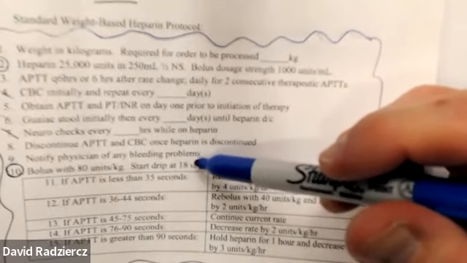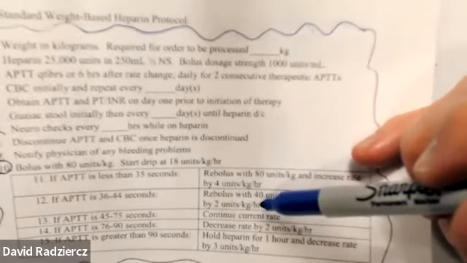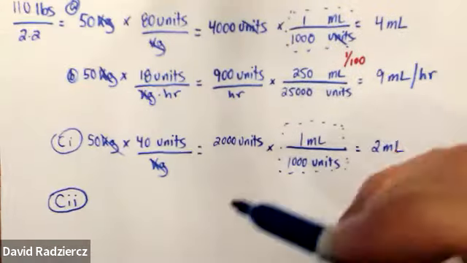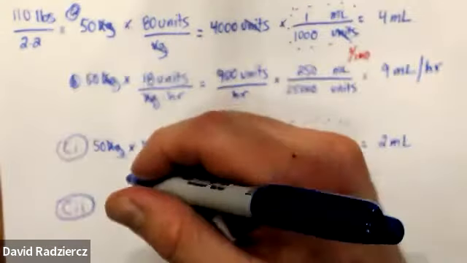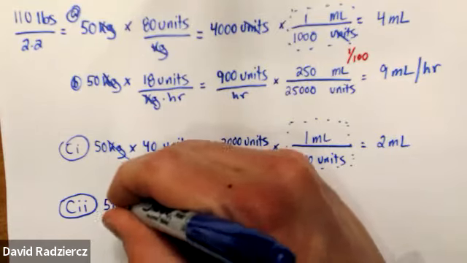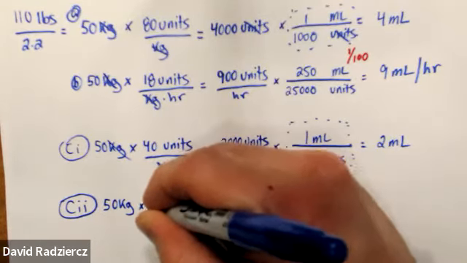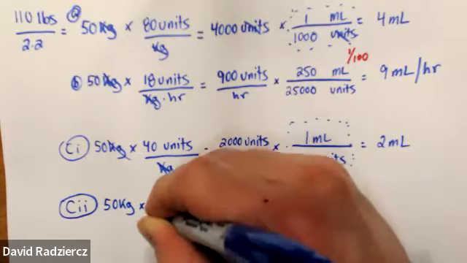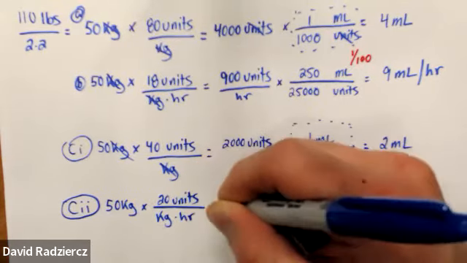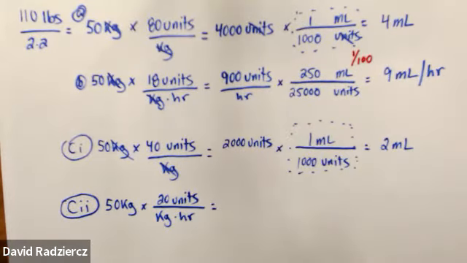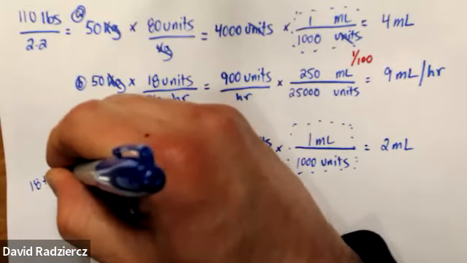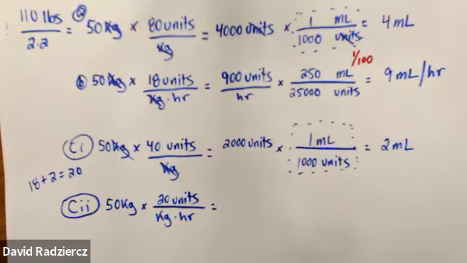So if the initial rate was 18 and we're increasing by 2, 18 plus 2 gives me 20 units per kilogram per hour. All I did was take 18 from the original plus 2 to get 20.